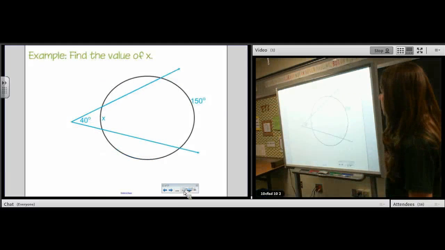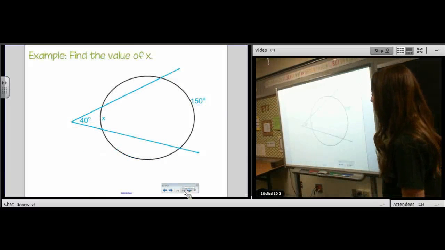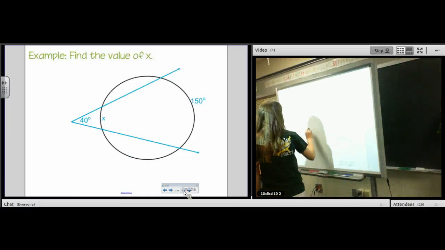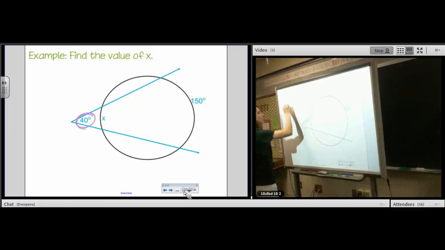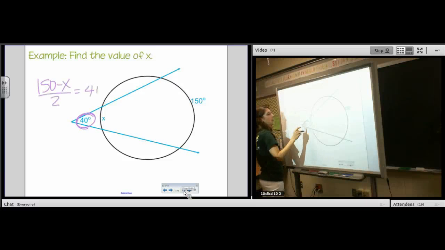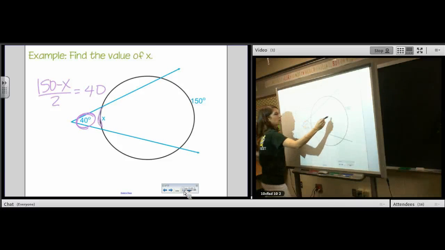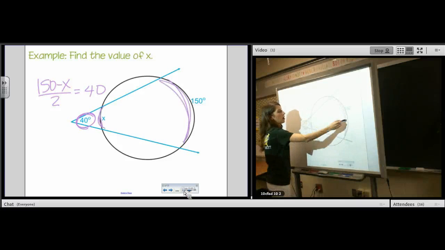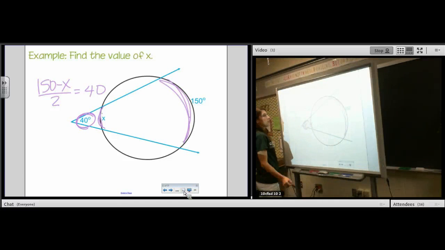So let's try this one real quick. To get this angle, you subtract the arcs and divide by 2. So to get that angle, you subtract arc minus arc, and divide by 2. So this is a work backwards problem.